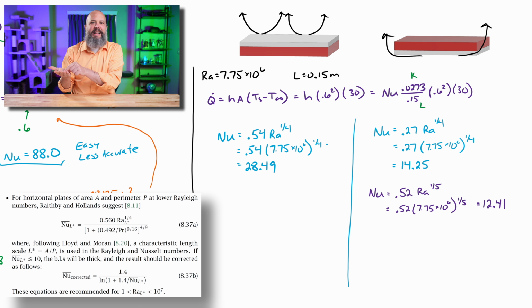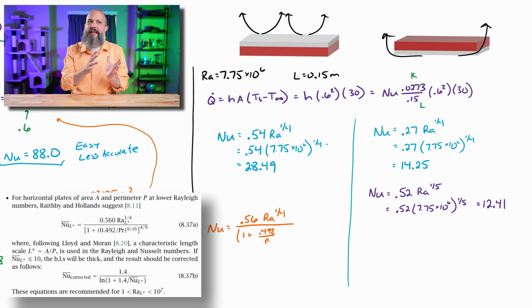If I look at the hot side facing up, I can go to the Lienhard textbook, which again, I normally like for equations because it's a brand new book, right? The new edition was just published in 2020. And they're really good at explaining why they're using which version of the equation.